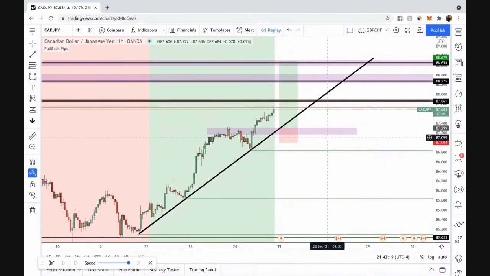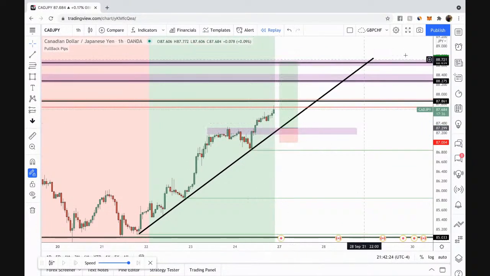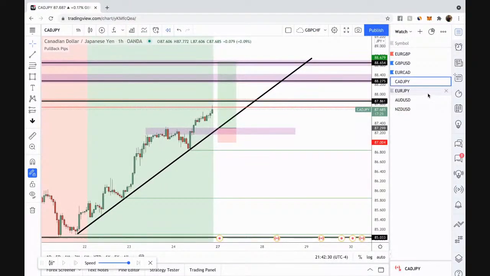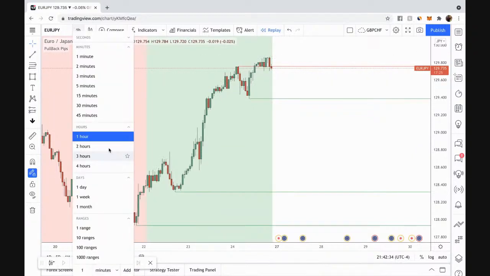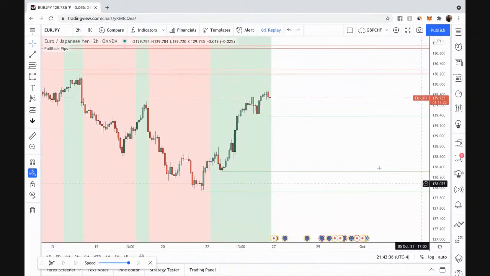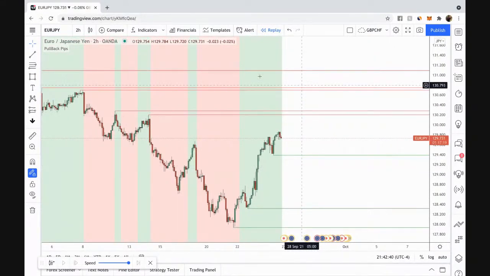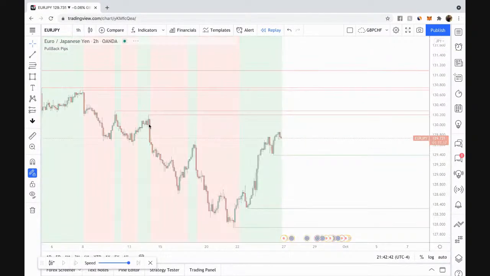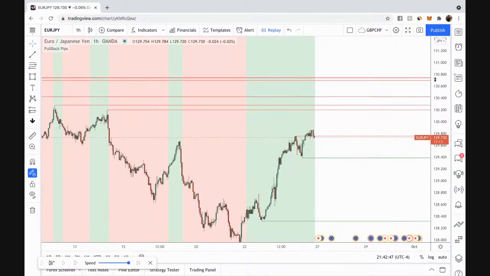So I like this CAD JPY, casually pulling back, taking a bunch of players in this game, and then taking them out. But we'll be on the right side, pushing it to the upside. All right? Let's look at EJ. EJ is a similar play because you see so much power to the upside. But if you notice, looking at EJ, we have so much structure of price to the upside.